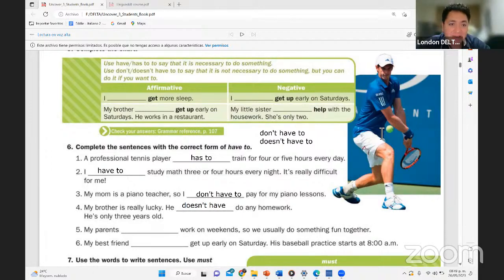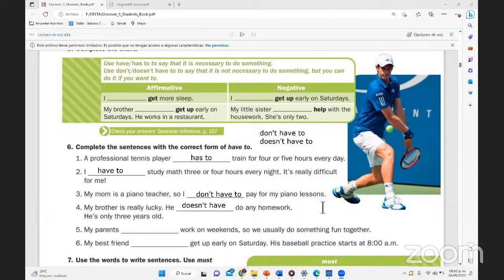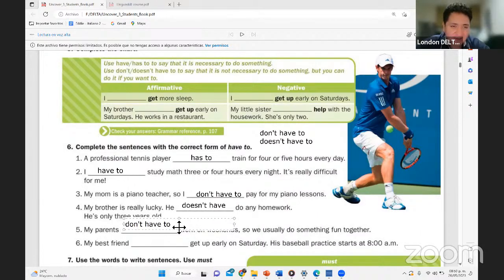So it's not necessary that he does his homework because, well, he doesn't have it. Julian, please, number 5. My parents don't have to work on weekends, so we usually do something fun together. Perfect. Exactly. Please, Carla, number 6.